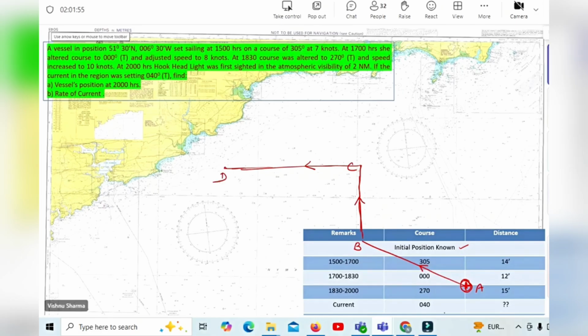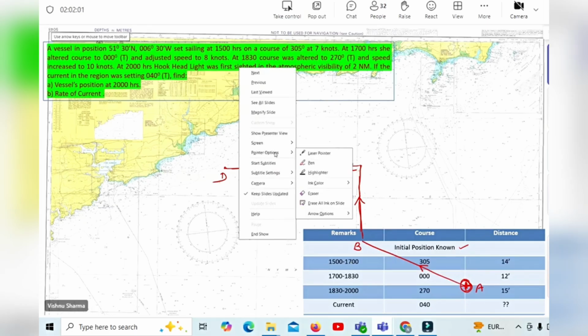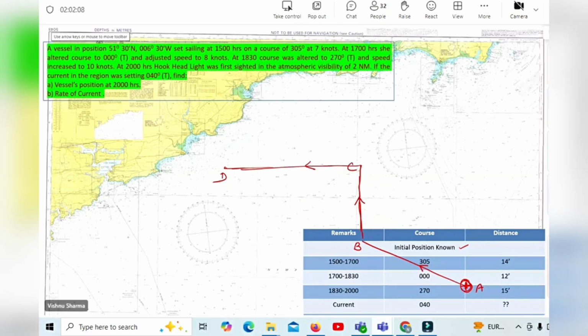Then the current is setting 040. Now, guys, what will I do? Now I can put the current 040. Am I right, guys? Current will take me in this direction? Yes or no? Correct? Yes, sir.